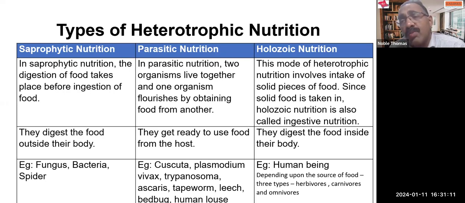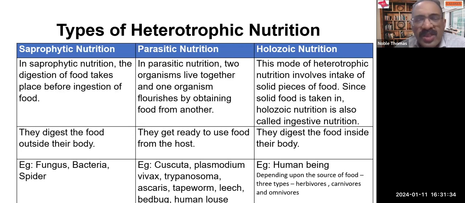These digestive enzymes are poured outside, the food is digested outside, and they absorb only the nutrients. That is considered saprophytic nutrition. Bacteria, fungi, and some varieties of spider also show saprophytic nutrition, where the food is digested outside the body.